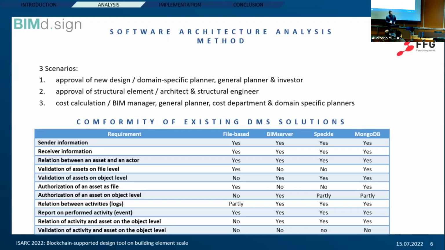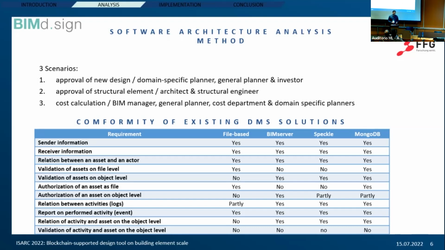These requirements we then analyzed in these 4 data management solutions: file-based with IFC, BIM server, which uses IFC data, then Speckle, which was a common data environment solution, and our own MongoDB solution. We saw that they already support some of these requirements, but none of them supports all of them. Finally, we decided to use Speckle because it's an open source available solution.